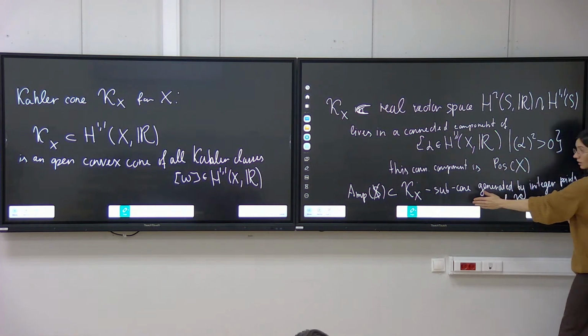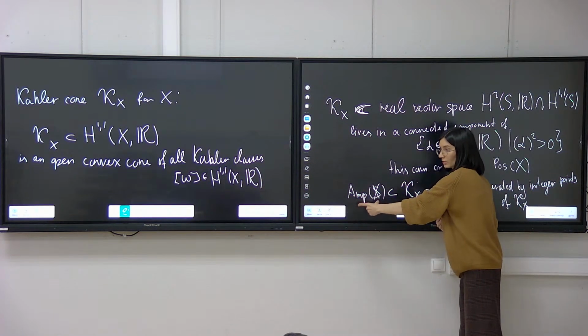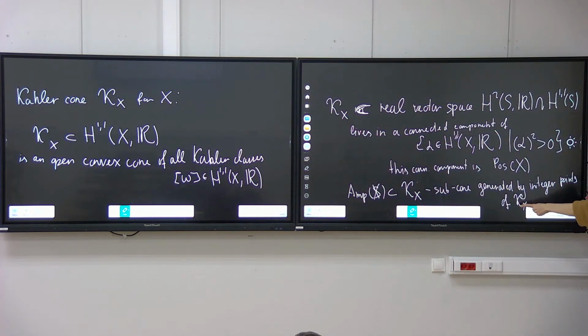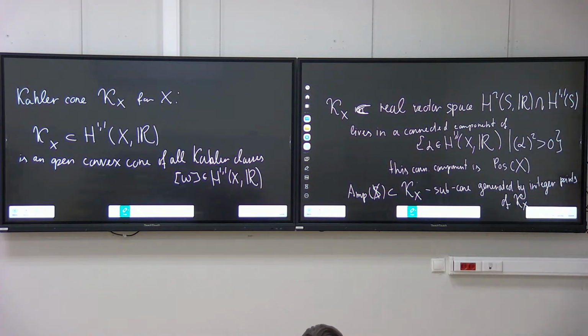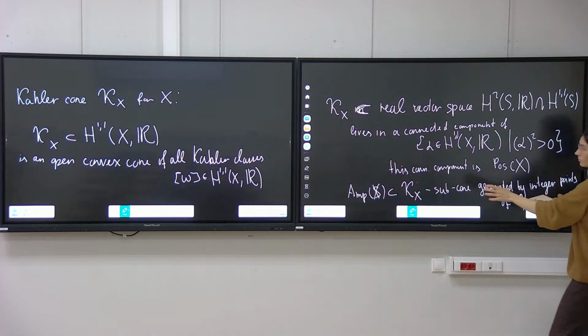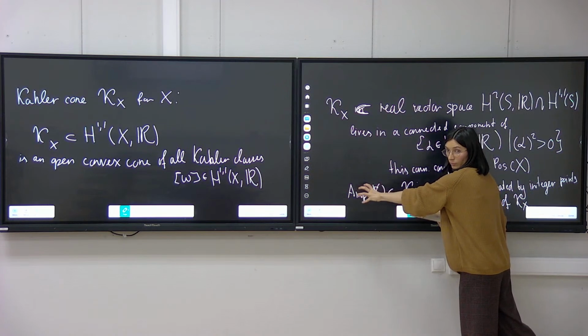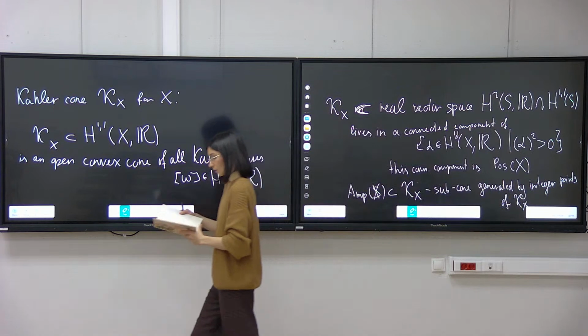But for a general K3 surface the ample cone is empty. Is this clear? I tried to explain the whole picture with ample line bundles because it's easier to understand before we work with Kähler classes.